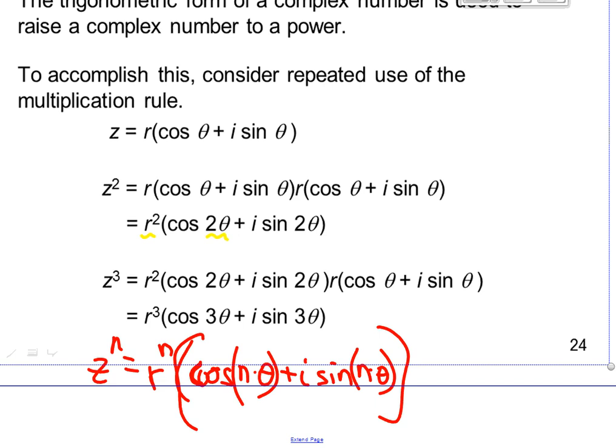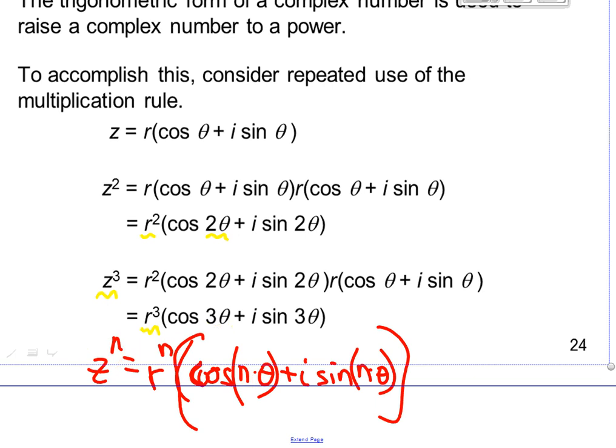And then if we did it to the third, just multiplying by itself again, z to the third would be r to the third cosine 3 theta. And so then in general, you don't have to write this yet because it'll be on the next slide. If I have z to the n power, then that's going to be r to the n power, and then the cosine of n times theta plus i sine n times theta.